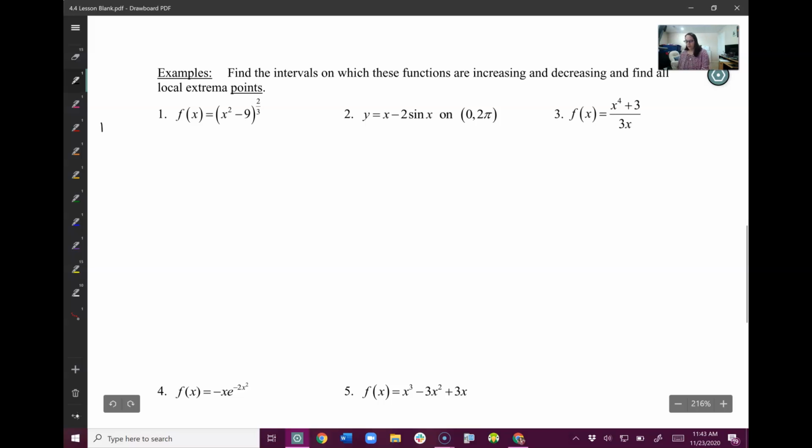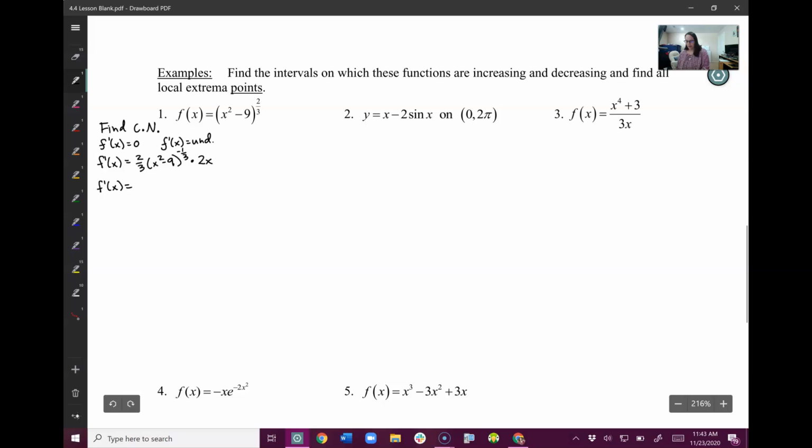So then we're going to find our critical numbers next, which is where f prime of x equals 0 or undefined. So let's start by finding f prime of x. Take the derivative. We're going to do chain rule on this. So derivative of the outside times the derivative of the inside. And let's simplify this a little bit so it's easier to work with.